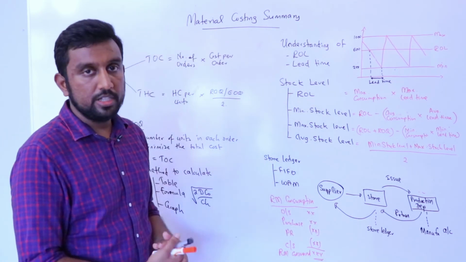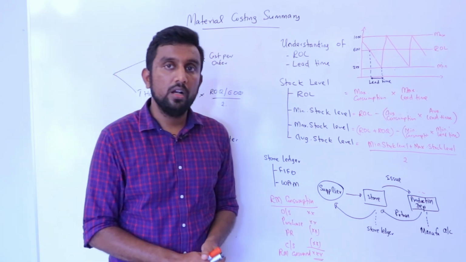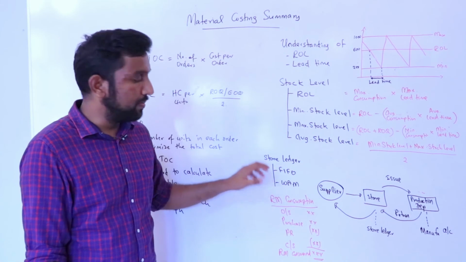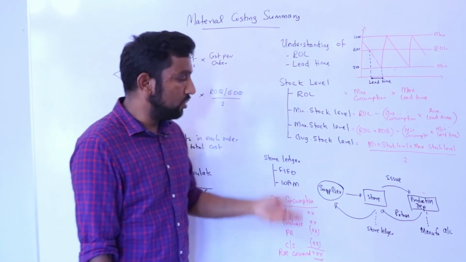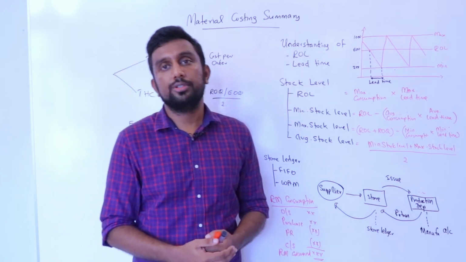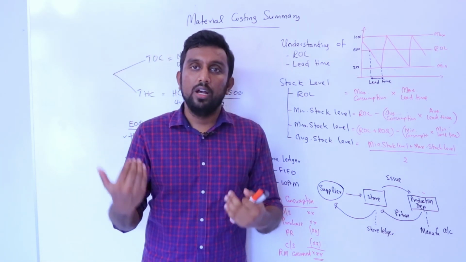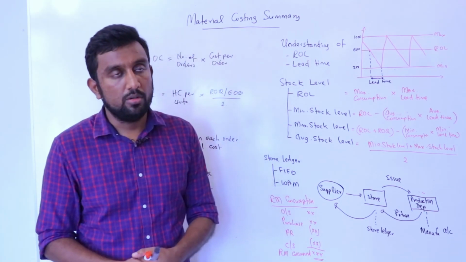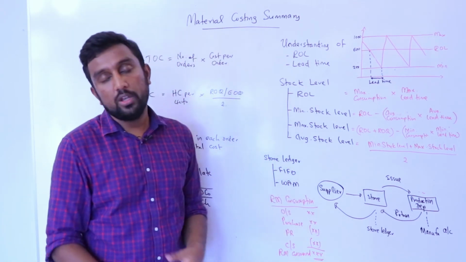Then I introduced the store ledger. The store ledger is prepared from where? From the store by the storekeeper. We have two methods to prepare the store ledger. What is important is finding the issue cost, because the purchase or receiving part does not matter; it is just filling the table. But issuing is important.